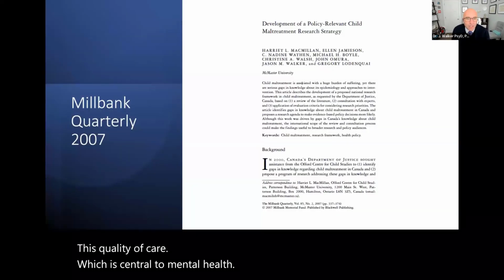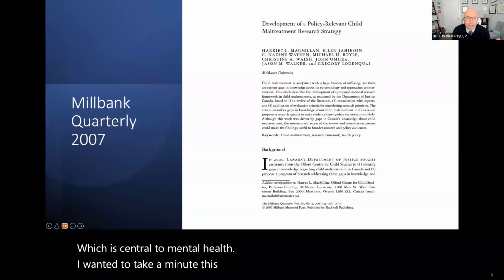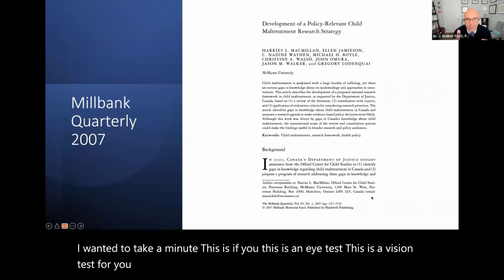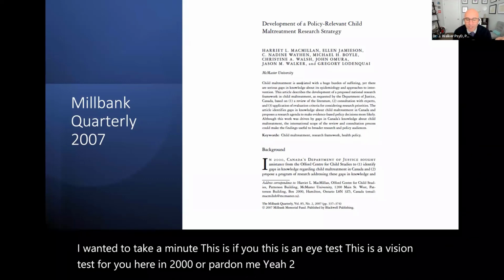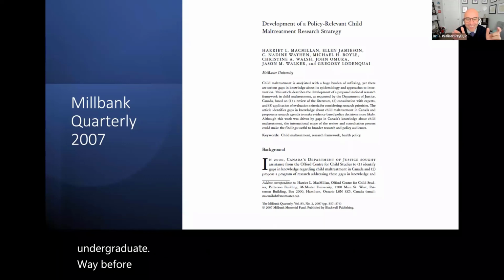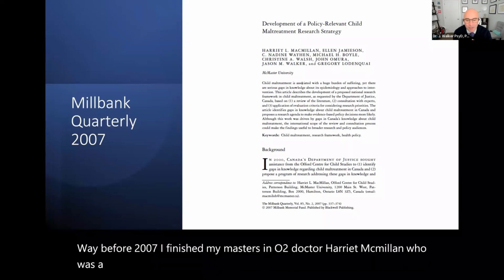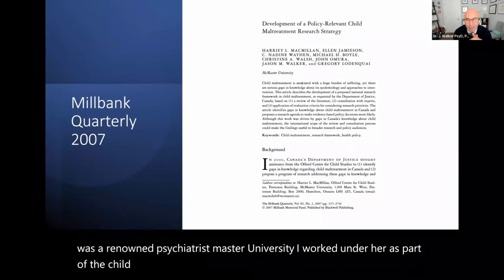I wanted to take a minute. This is an eye test. This is a vision test for you here. In 2007, when I was an undergraduate, way before 2007, and I finished my master's in 2002, Dr. Harriet McMillan, who is a renowned psychiatrist at McMaster University, I worked under her as part of the child abuse team and at the Dan Offord Center.